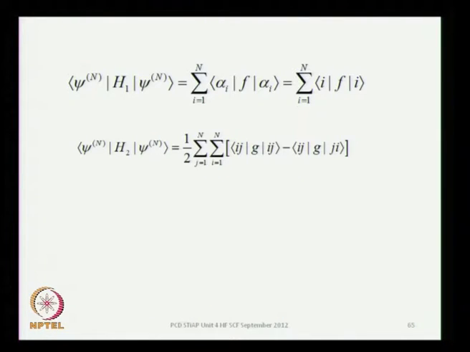So, now we have got both the expectation value of the 1 electron Hamiltonian and the 2 electron Hamiltonian. The 2 together give you the total many electron Hamiltonian, and the first one is just a summation over these single particle integrals. These are summations over 2 particle integrals.